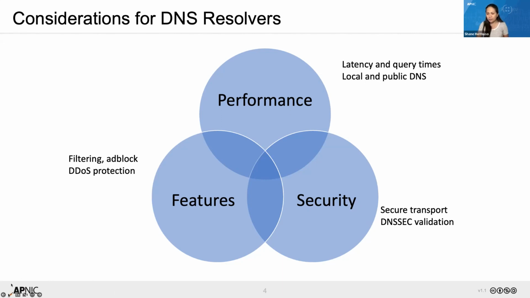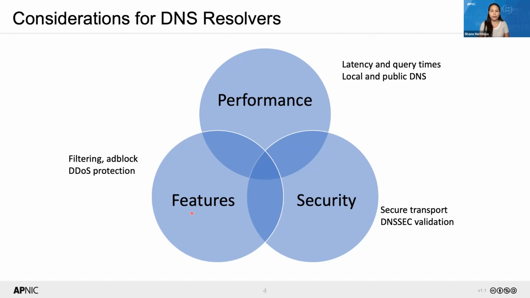Another one, maybe I'll use my laser pointer. There you go. The next one is features. More and more these days, we are worried about DNS providing some filtering or ad blocking features. The reason is because you don't want your clients to be able to open malicious websites.